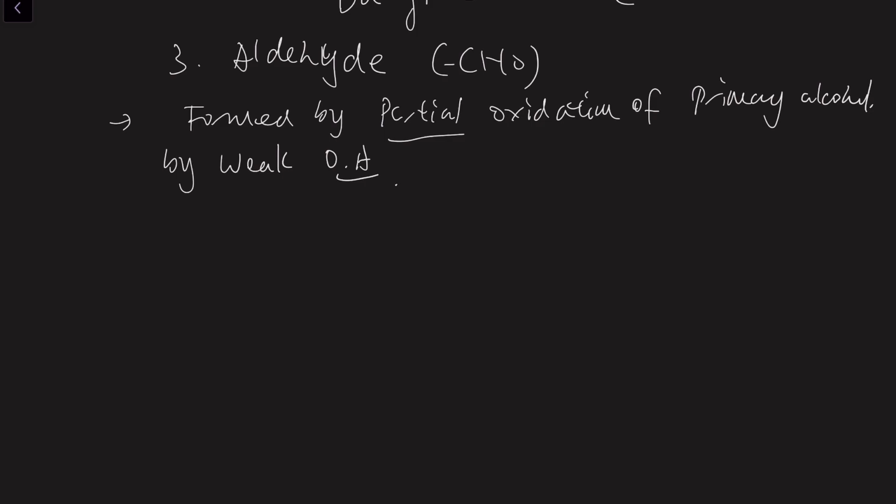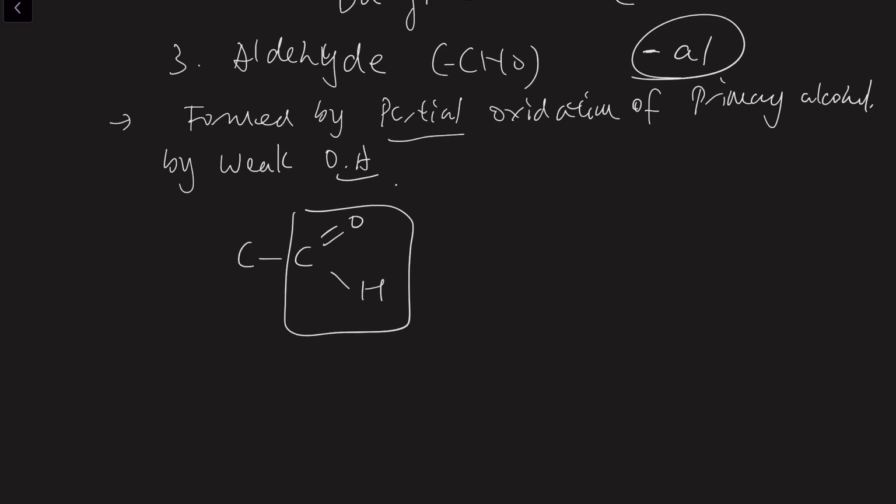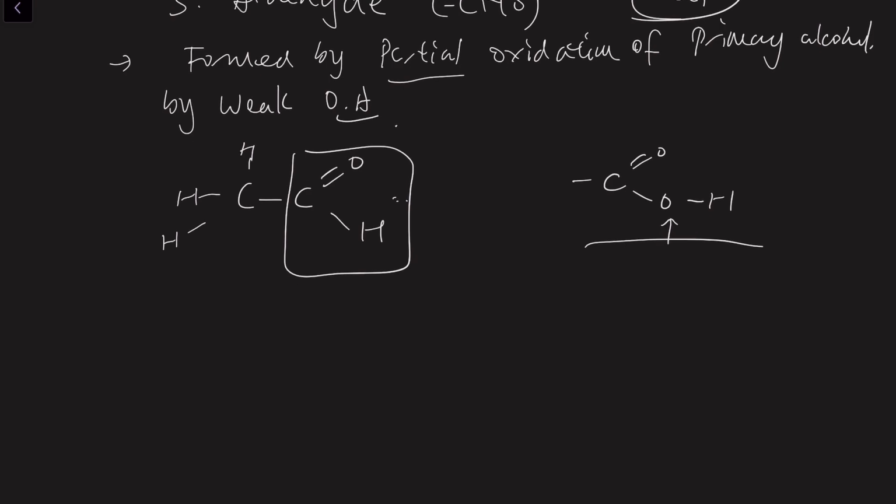So the name is something-al. Let's look at one example. So it is the CHO group, and the acid is the COOH group. Because of this addition of oxygen in the acid, we know that the aldehyde is not as fully oxidized as the carboxylic acid, because remember, oxidation is defined as addition of oxygen.